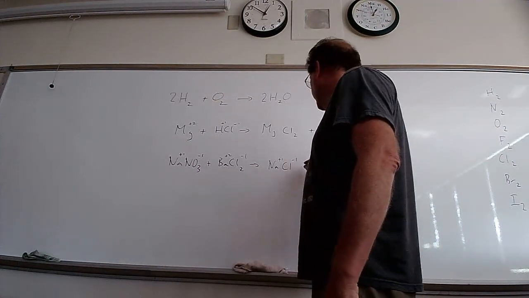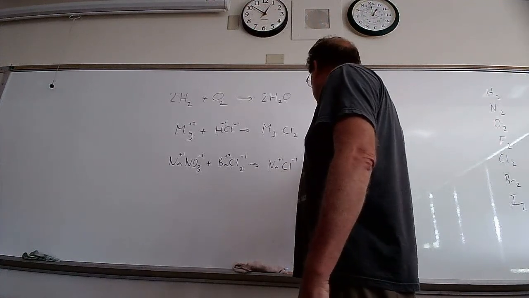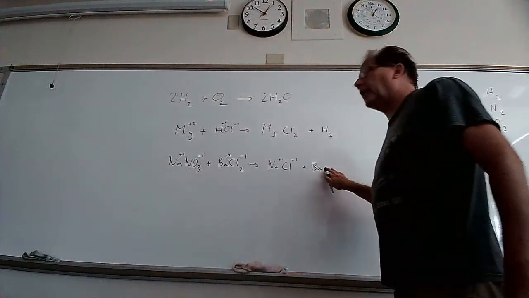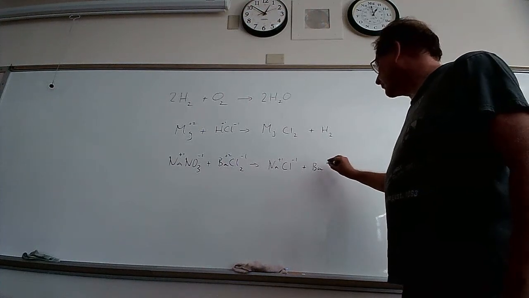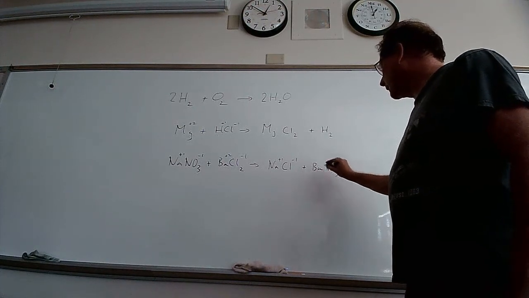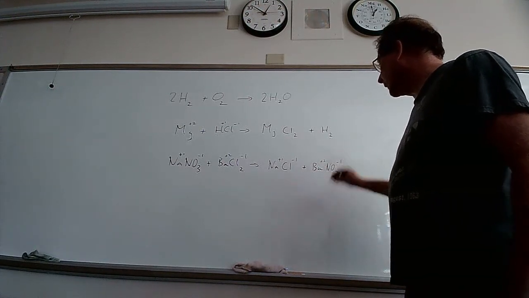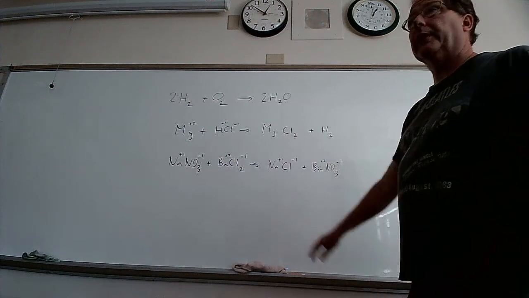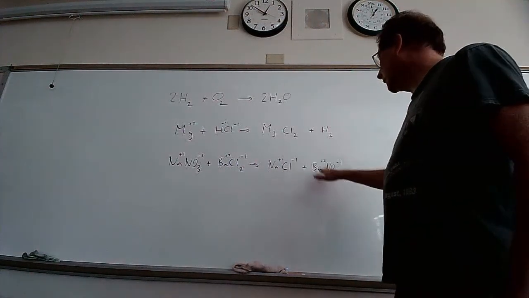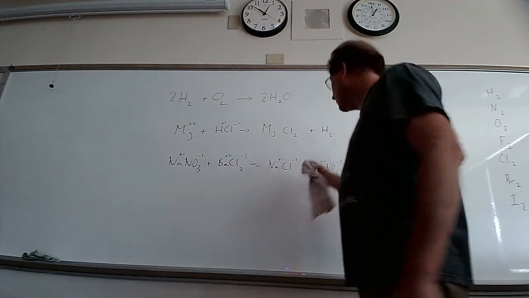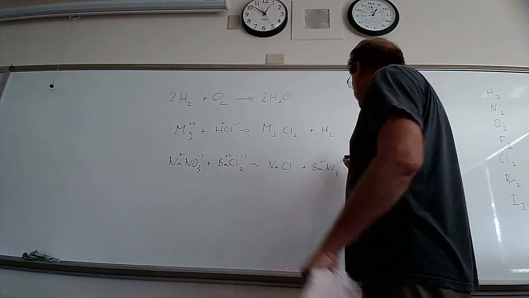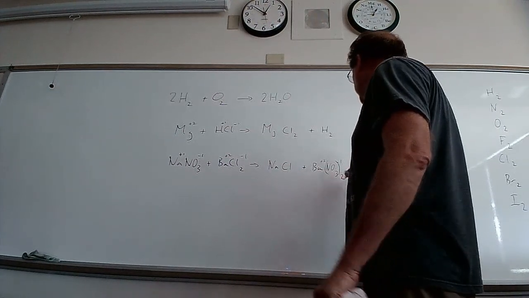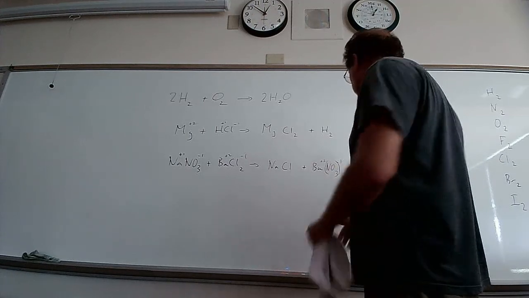That's got a charge of minus 1, plus Ba, and then do I write down NO or NO3? I write down NO3 because that is the formula for the nitrate ion. By the way, Ba is plus 2 and NO3 is minus 1. So I have predicted the products, sodium chloride and barium nitrate. Now, I wipe these out, plus 1 and minus 1 cancel, and then I crisscross 1 and then 2. So 1, 2.